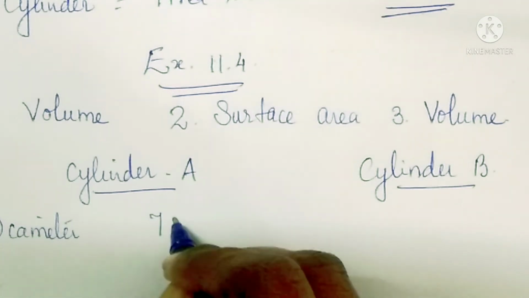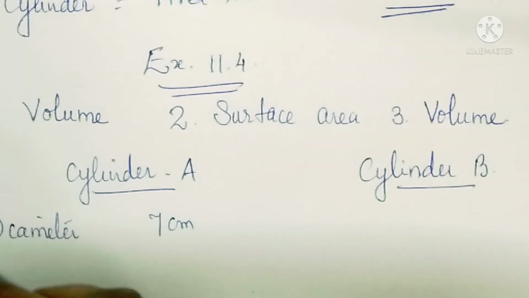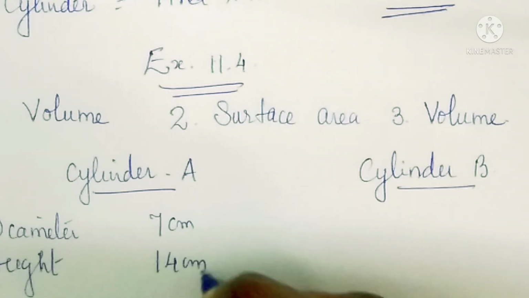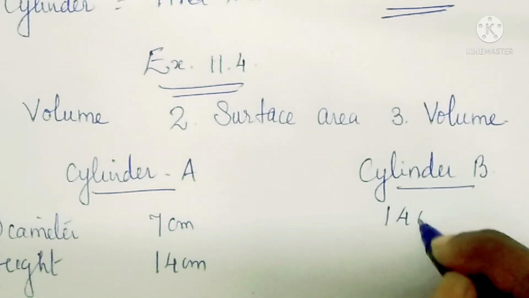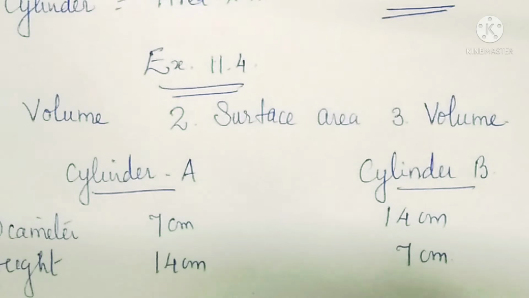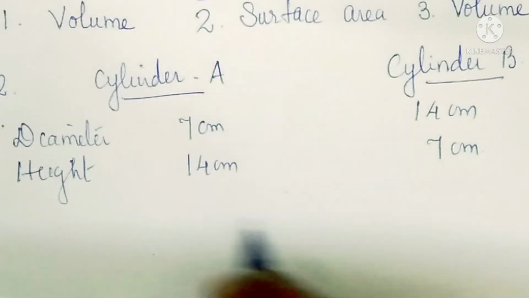Here it is 7 centimeter and the height is 14 centimeter, whereas here the diameter is 14 centimeter and the height is 7 centimeter. Now, without doing any calculations, can you suggest whose volume is greater? We have to find the volume.